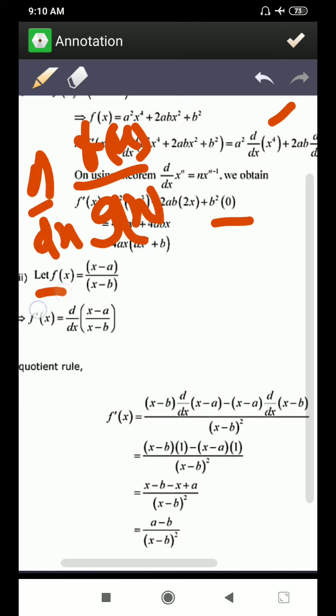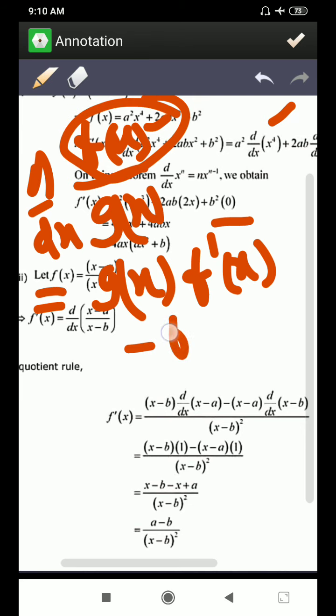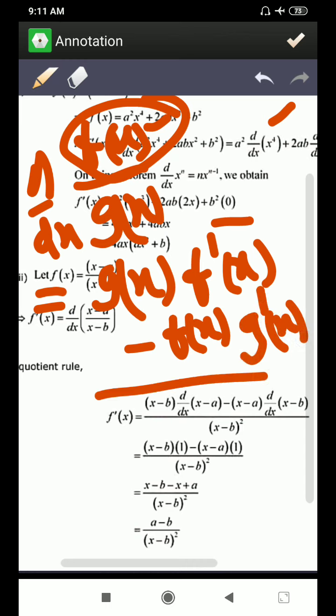Our formula is, you keep the denominator as it is. Find the differentiation of the numerator. I am writing it as f dash x, minus sign. Now the numerator as it is, and derivative of the denominator, divided by the denominator whole square.